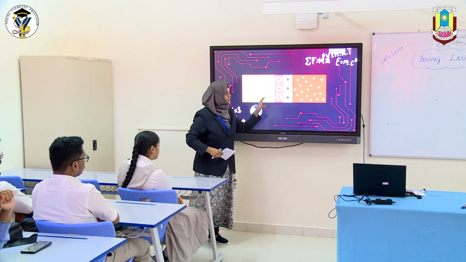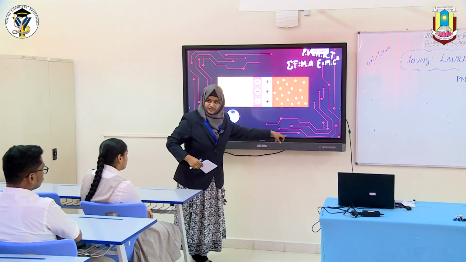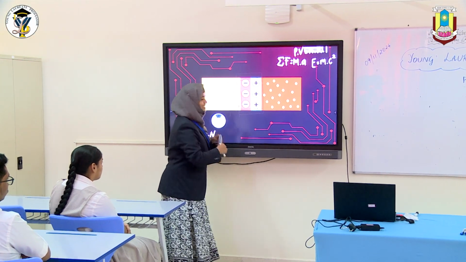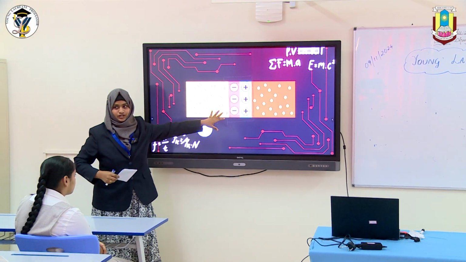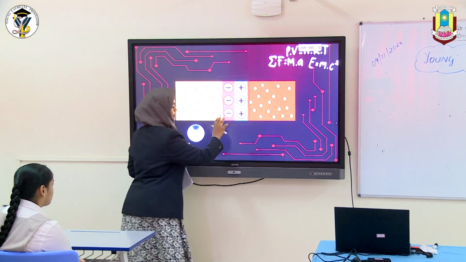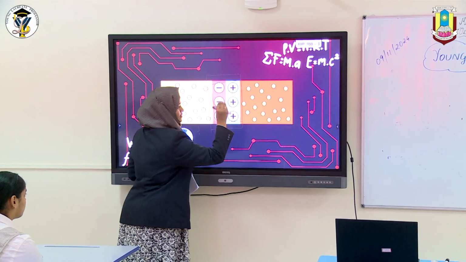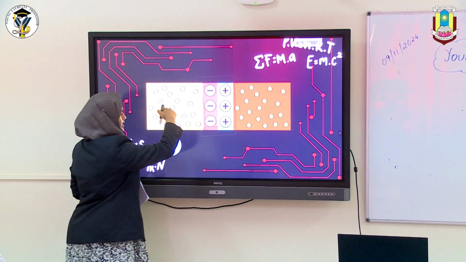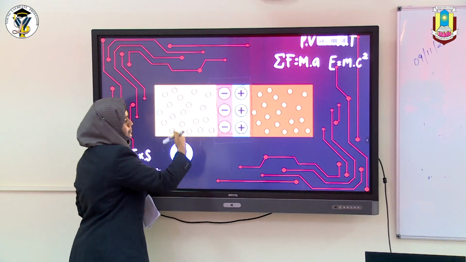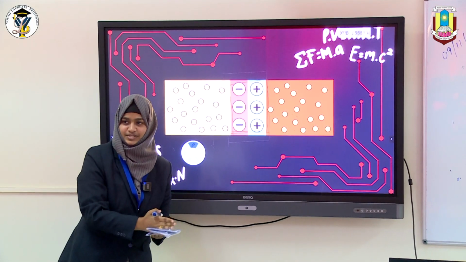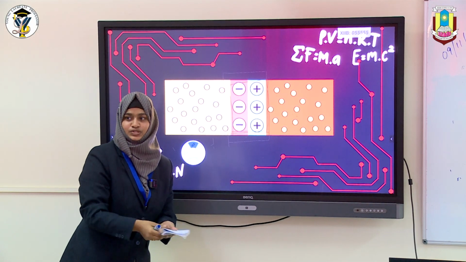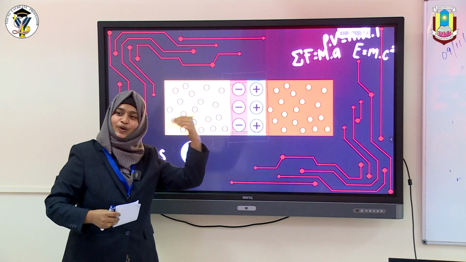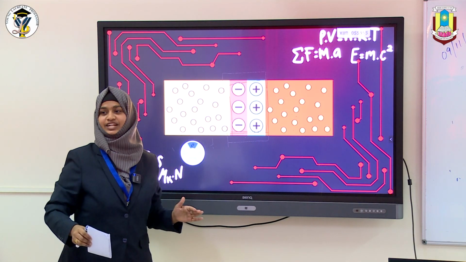When the flow of carriers stop, it is due to the presence of electric field and potential barrier. When the potential barrier is caused, the flow of electrons from n-type to p-type and the flow of holes from p-type to n-type stops. There is no flow. So there is no point in the majority carriers overcoming the potential because there is no flow of electrons and holes there.